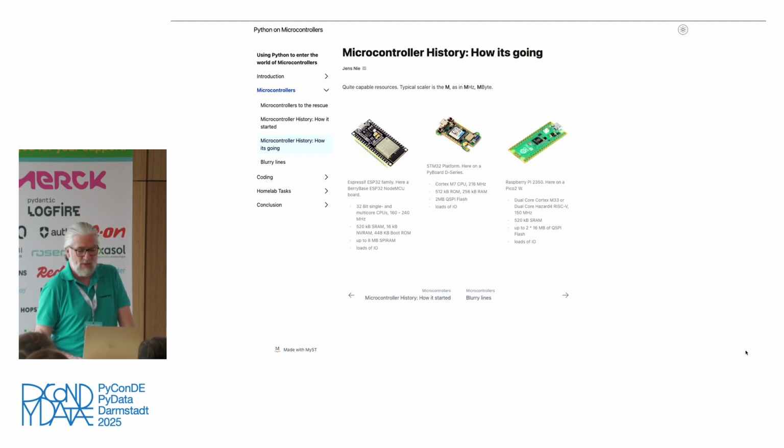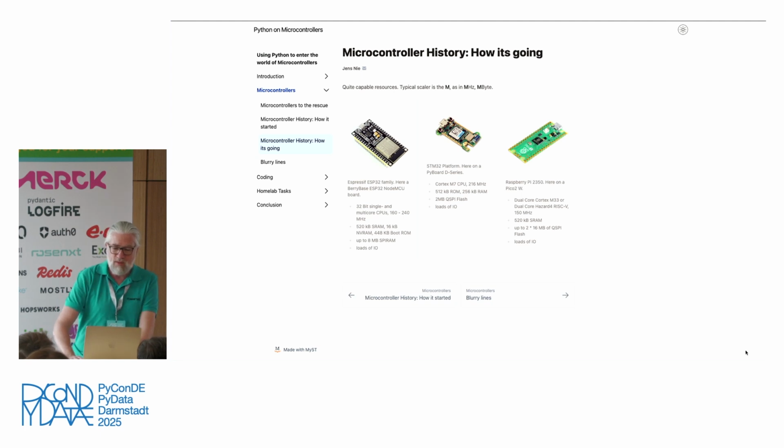And in the middle, there is the STM32 platform. This especially is the Pi board, where all the MicroPython stuff originated from in the project. Cortex M7 CPU, 260 megahertz, also in the megabyte range of RAM and ROM, and loads of I/O. And to the right, one of the most capable platforms currently on the market for the price, the Raspberry Pi RP2350.